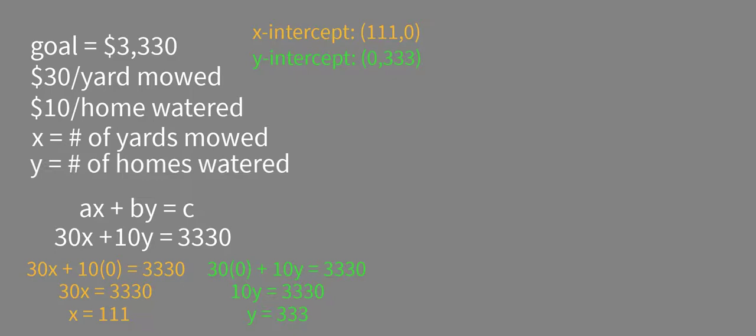Now as far as interpreting these, the X-intercept is when Y equals 0. And remember, Y is the number of homes where she's watered the plants. So the X-intercept is the number of yards mowed that she would need to get her goal, $3,330.